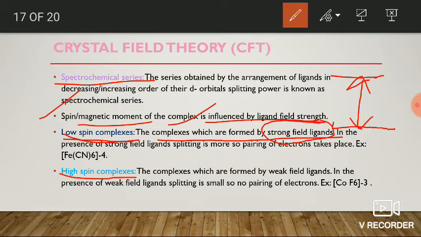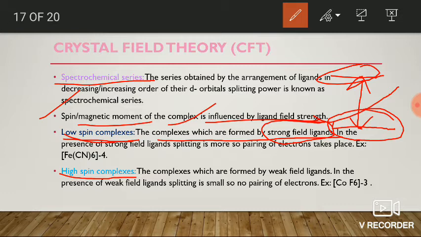So the electrons present in the metal ion generally enter the lowest energy level instead of entering the higher energy level. In the majority of cases, pairing of electrons takes place in the lower energy levels. So the number of unpaired electrons in the metal ion is low, and automatically the spin of the complex is low.